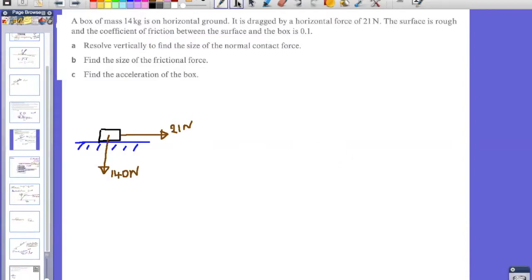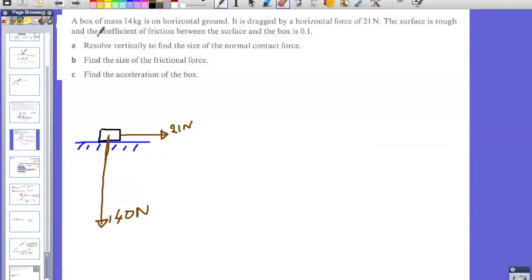Let me make my 140 newtons much bigger, since it is much bigger than 21 newtons. Force is a vector. The size tells us how big it is. 140 newtons.